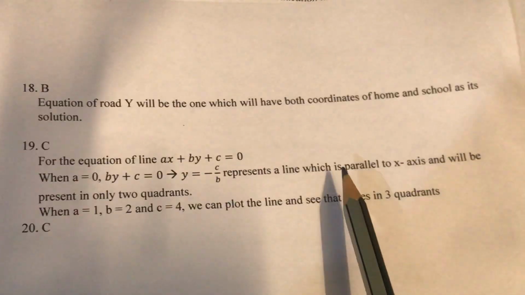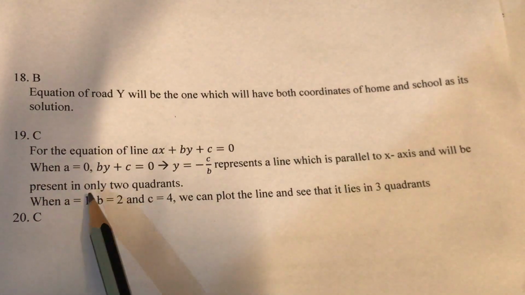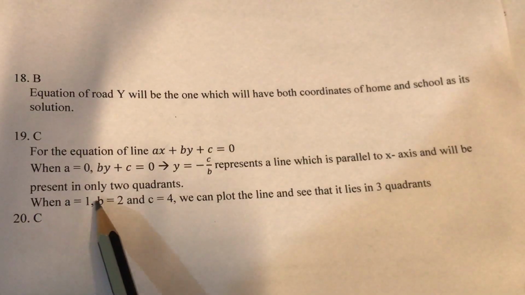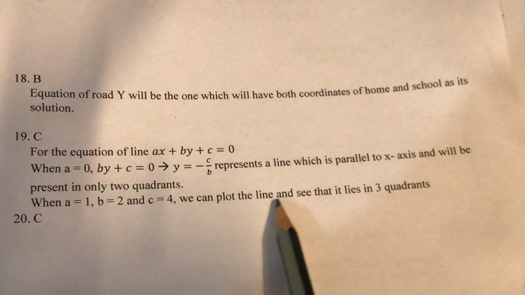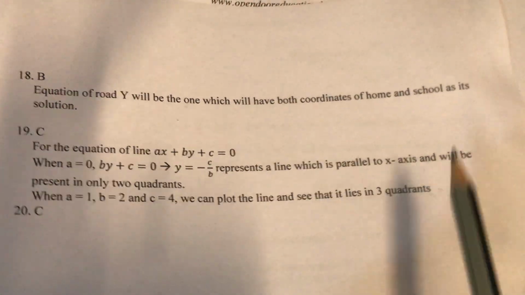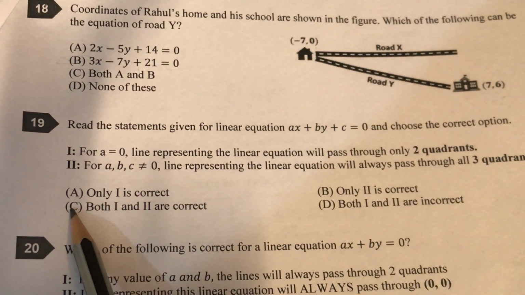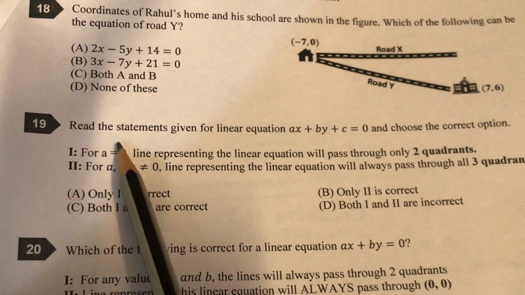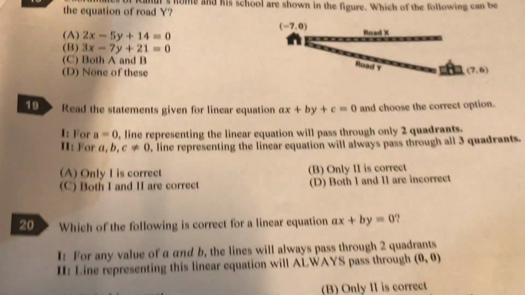This represents a line which is parallel to the x-axis and will be present in only 2 quadrants, right? So when a equals to 1, b equals to 2 and c equals to 4, we can plot the line and see it lies in the 3rd quadrant. So therefore the option is C. Both 1 and 2 are correct.